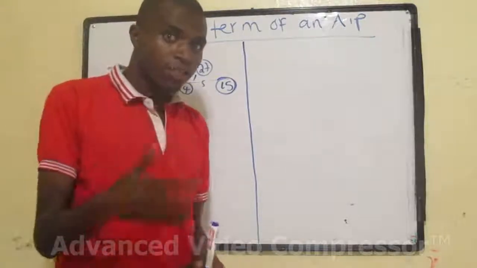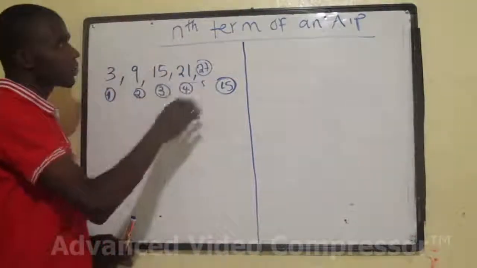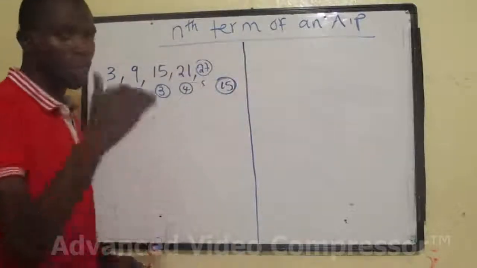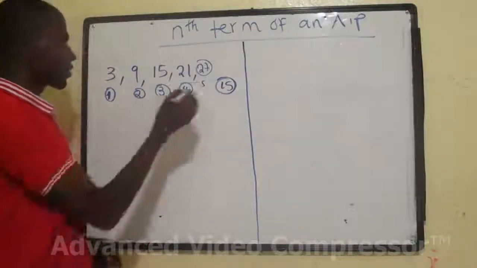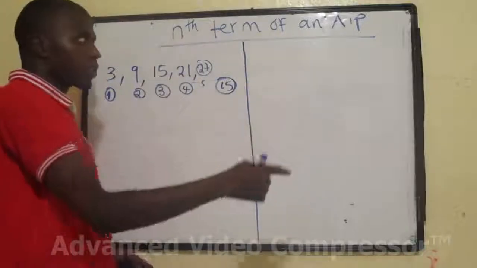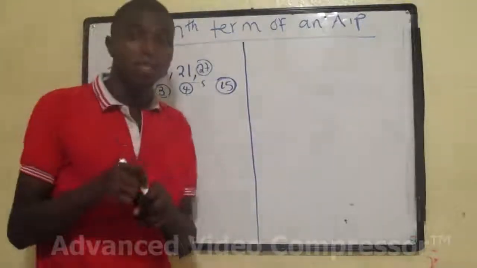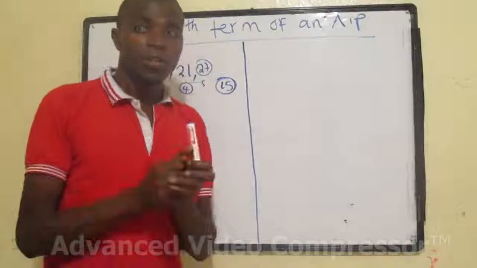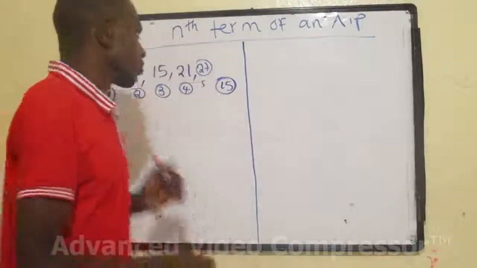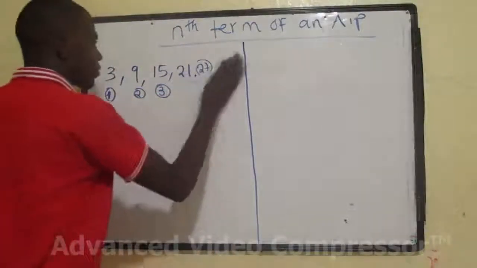So you can easily find any term of a sequence by using what we call the nth term. If I say 15th term, I say 20th term, you can easily find it by what is referred to as the nth term. So what is this nth term that we are talking of?